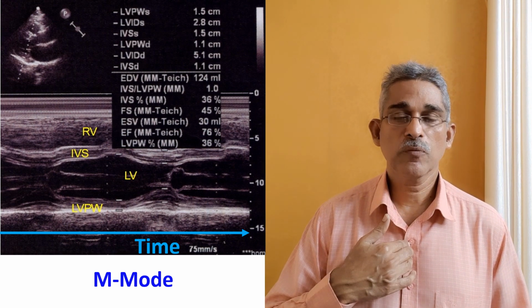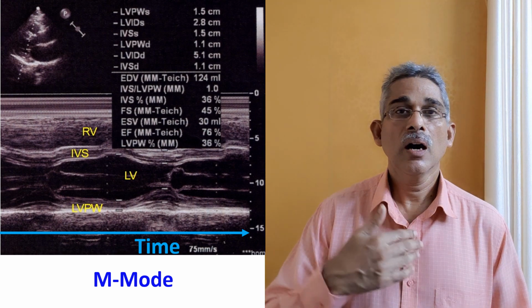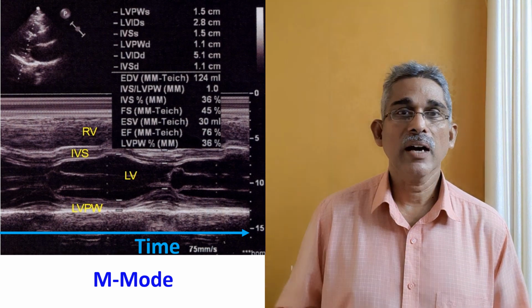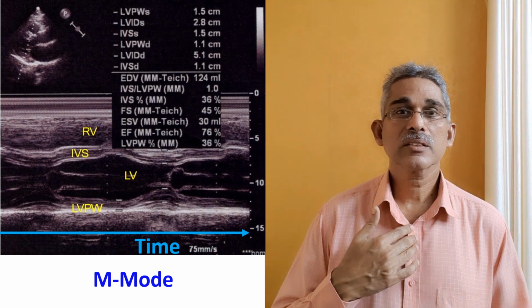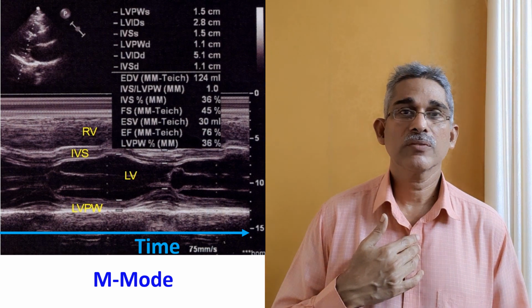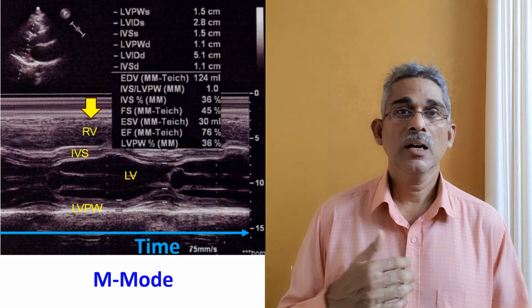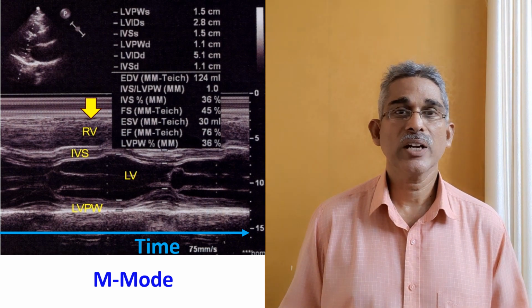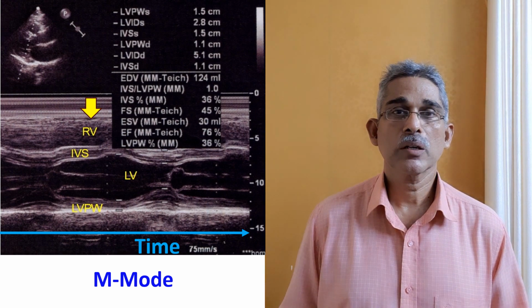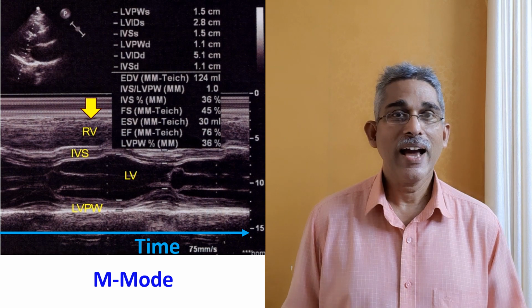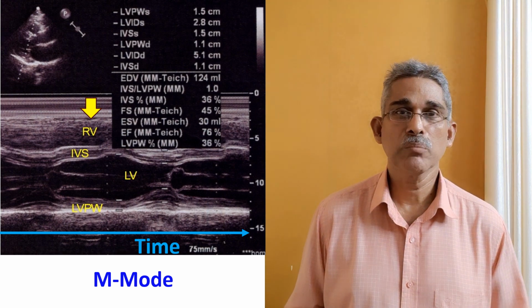Suppose the probe is placed on the anterior chest wall. If you are imaging structures beneath that, the nearest structure, that is the anterior wall of the right ventricle, will be seen at the topmost region of the image, and the posterior structures like left atrium will be seen at the bottom of the image. That is the M mode echocardiography, time motion mode.